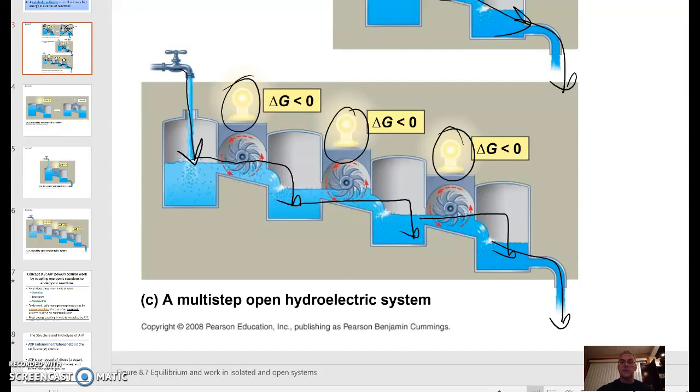Like I said, the biggest thing that you need to be able to do is evaluate whether or not your system is going to have a positive delta G, in other words, a positive change in free energy, or a negative delta G. If it's negative, it's spontaneous. It's energetically favorable, and it's going to release energy. If you have a positive value, it's not spontaneous.